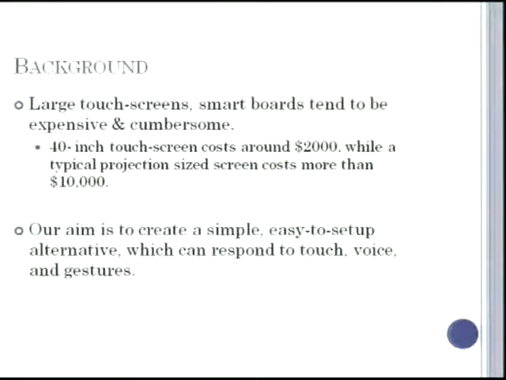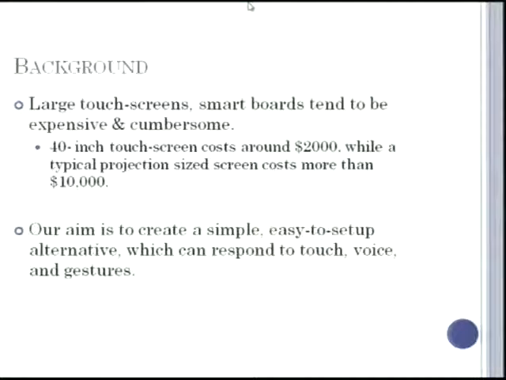So the disadvantages of touchscreens or smart boards are that they're generally quite expensive compared to their screen size. So let's say a screen size of this magnitude for a touch screen will cost you about $10,000 to buy one like that. Secondly, touch screens are quite cumbersome. You cannot really move them around.